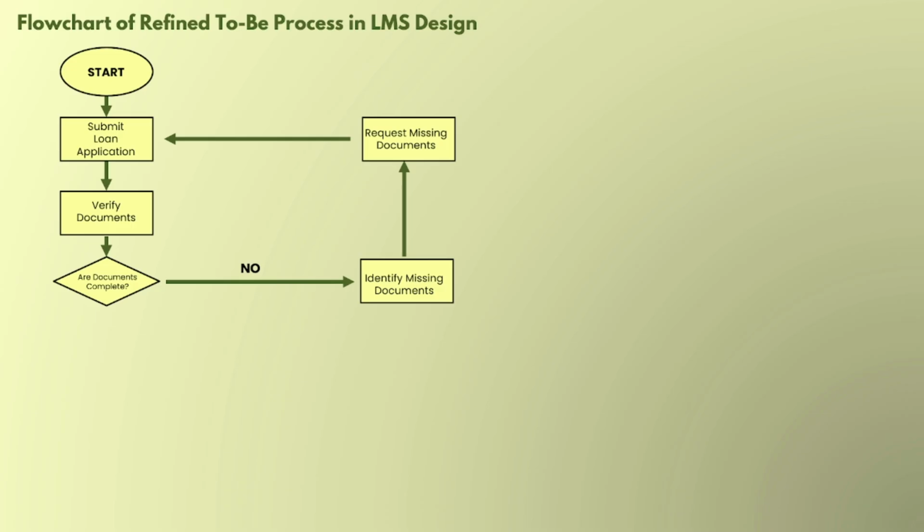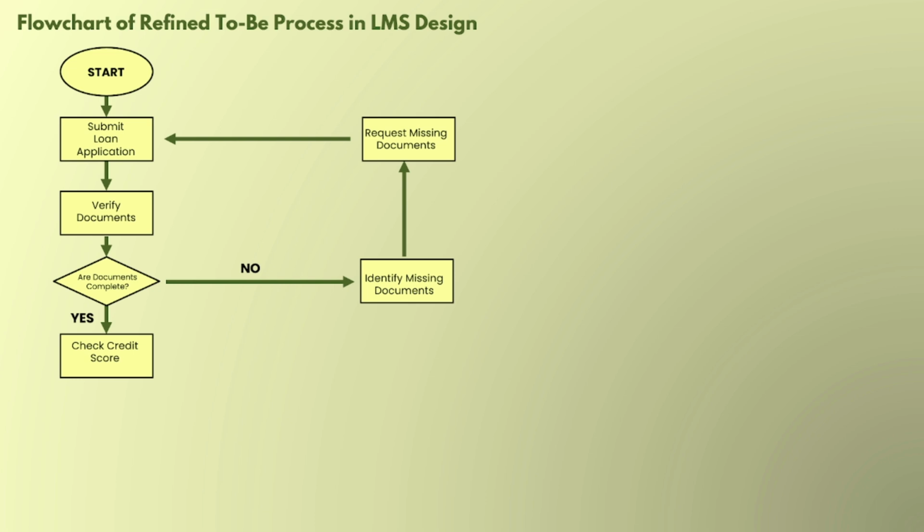Now let's assume that the answer comes yes, all the documents are complete. Then the next operation will happen. The next operation is check credit score. Here also there are two possibilities. Credit score might be low, credit score might be high. On the basis of that we will allocate the loan.